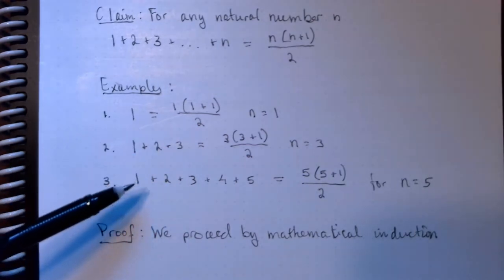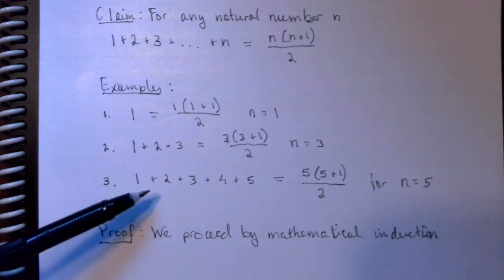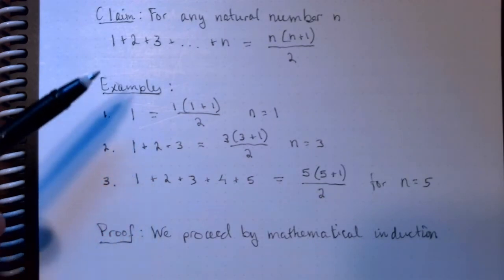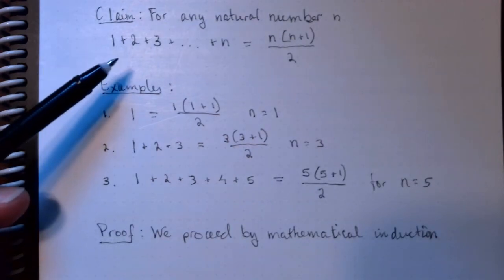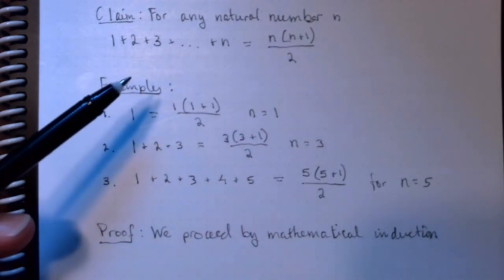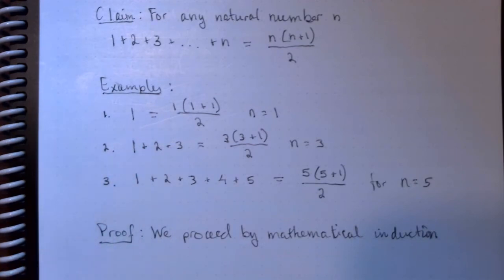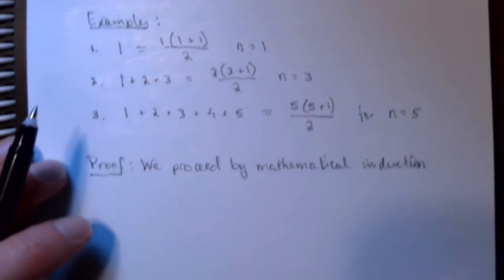Now we can see by direct computation that all of these statements are true. But of course that does not prove our claim, because the claim said for any natural number n, this relationship would hold. So in order to prove that, we're going to need to use mathematical induction.